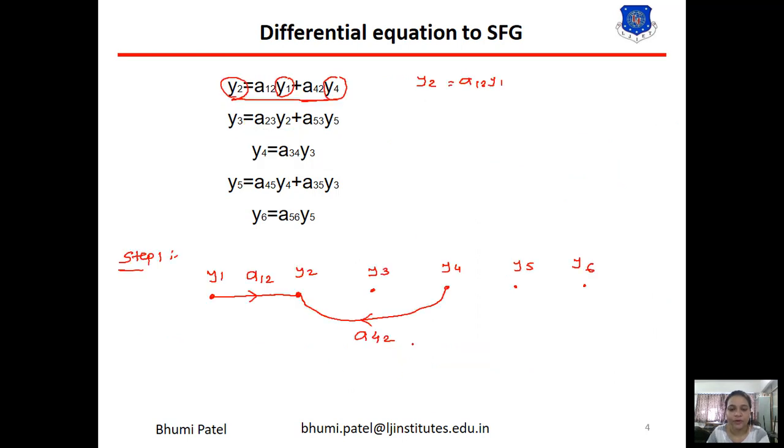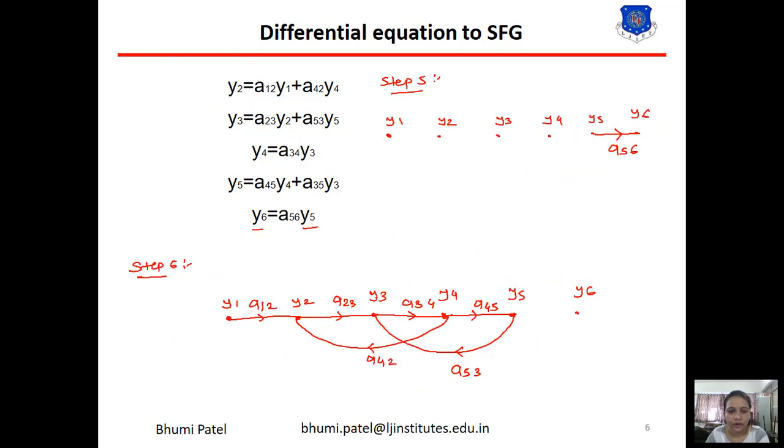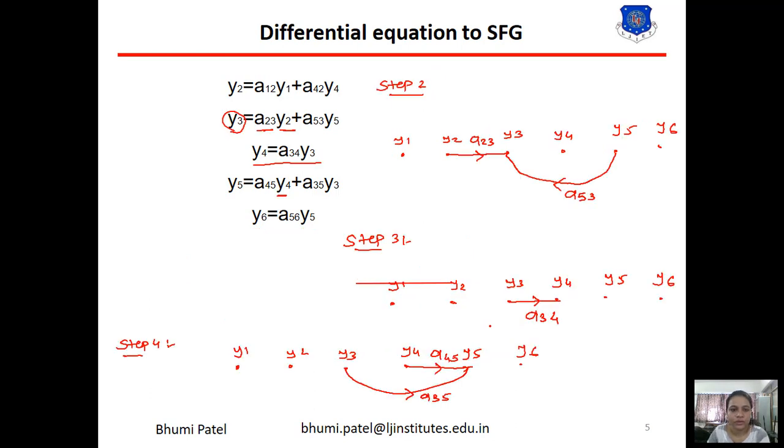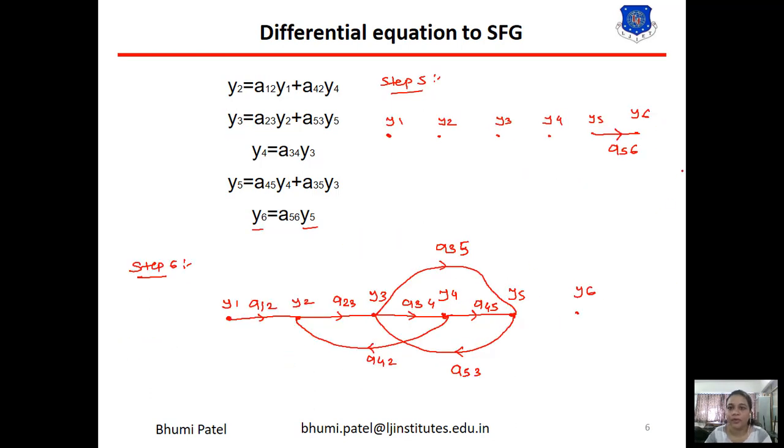Now it is the forward path, so we can draw here y3 to y5 and the gain is a35. Now step number 4 is complete. Step number 5, y5 to y6 and the gain is a56. So this is the final signal flow graph of this example.